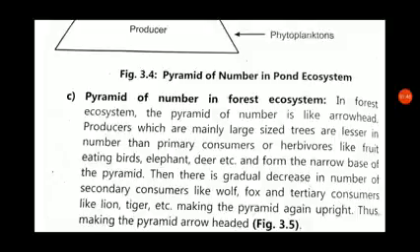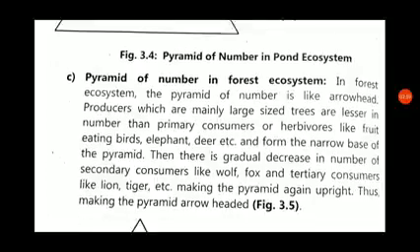Producers, which are mainly large-sized trees, are fewer in number than the primary consumers or herbivores like fruit-eating birds. The fruit-eating birds feed on the fruit of this one tree. Elephants also consume the branches, leaves or fruits of this tree, and deer also feed on the tree, and they form the narrow base of the pyramid. Therefore they form the narrow base of the pyramid.